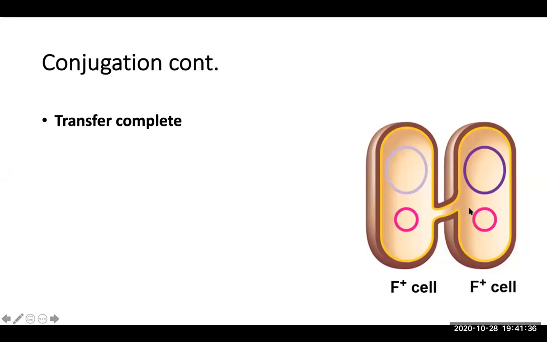When these cells divide, when they undergo binary fission and produce offspring, they will copy both the chromosome and the plasmid. So this plasmid will get passed down from now on through vertical gene transfer, but each of these cells can also continue to perform conjugation and spread the plasmid to other bacteria.